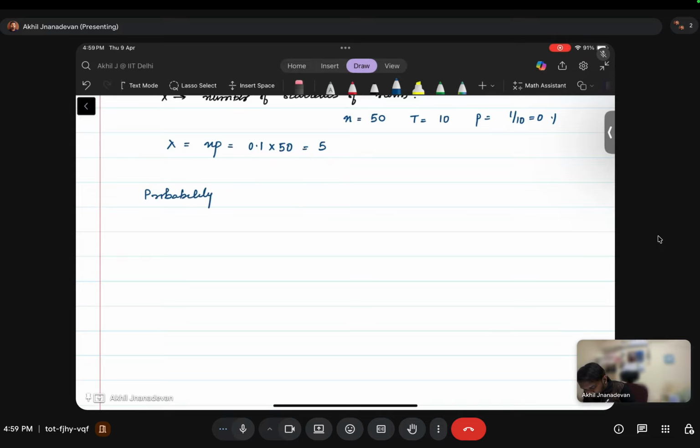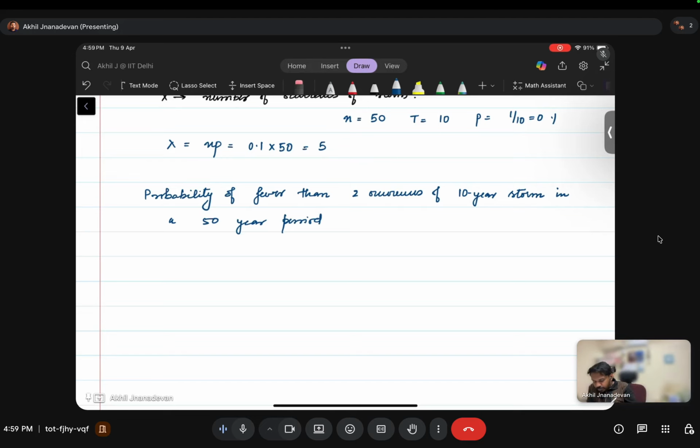Now we can say the probability of fewer than two occurrences of a 10-year storm in a 50-year period is what we need to find, right?